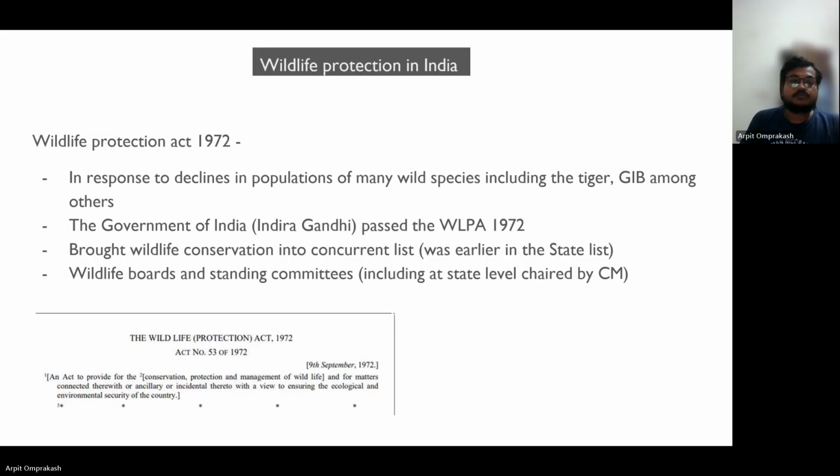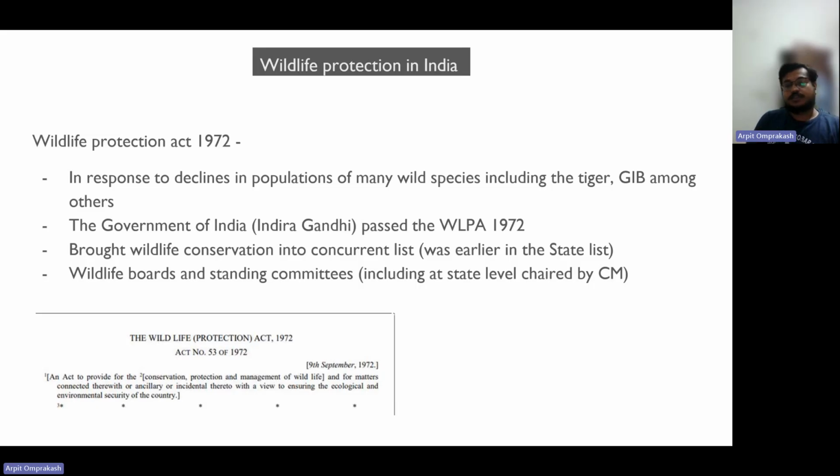So this act was put in response to declines in population of many wild species, including the tiger and the great Indian bustard. The government of India passed this in 1972, and brought wildlife conservation into the concurrent list. It was earlier in the state list.